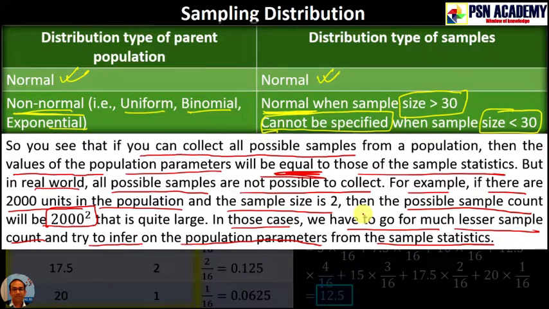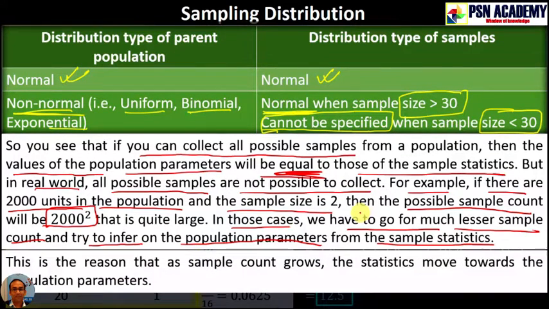I hope you understand this point, why we are going for sampling. Now, this is the reason that as the sample count grows, the statistics move towards the population parameters. That means it moves nearer and nearer to the population parameter values as long as you increase the sample count.